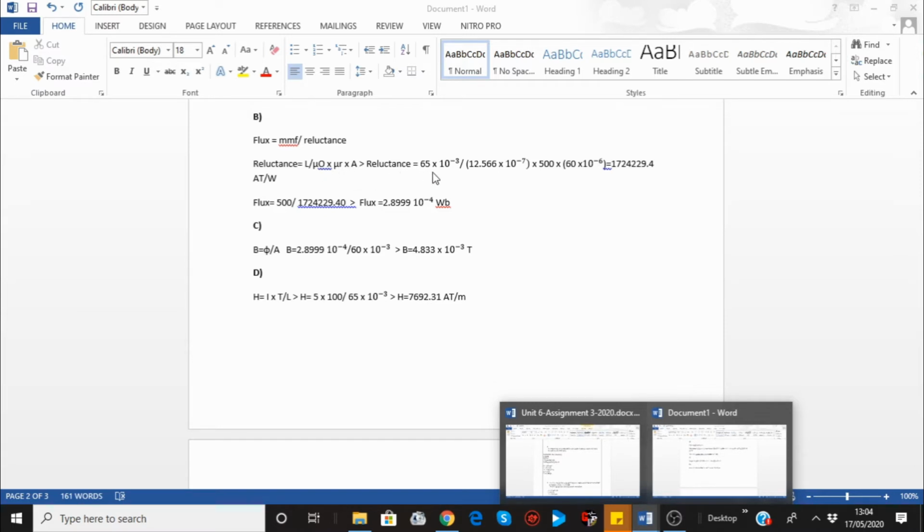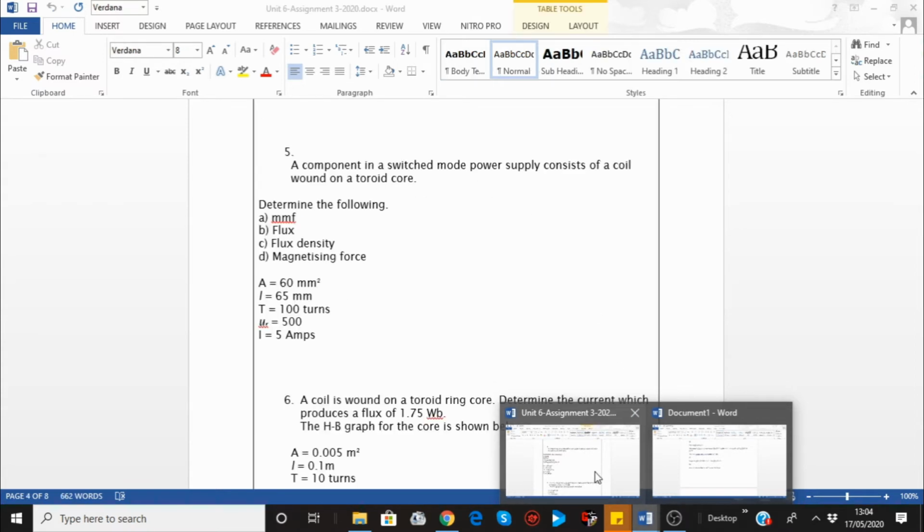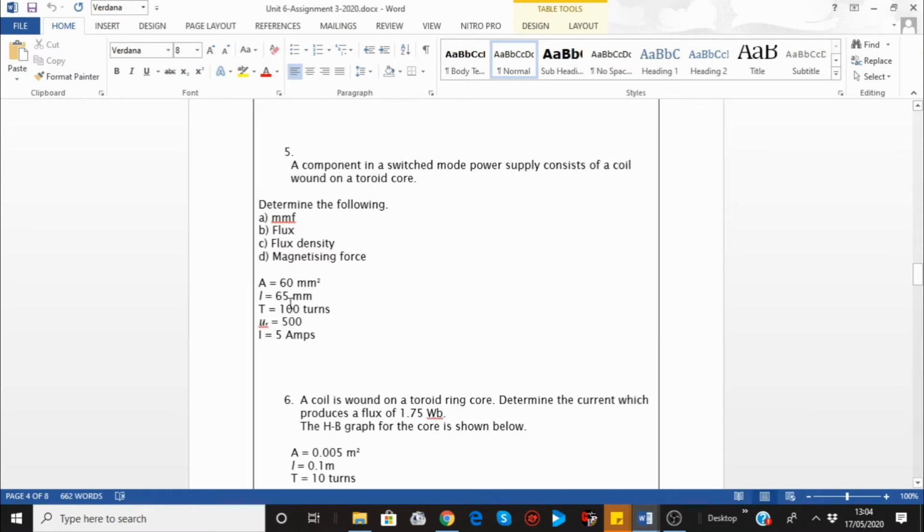Reluctance is 65 millimeters for L, so we convert it to meters: 65 times 10 to the power minus 3 for L, the circumference, because it was given in the question.